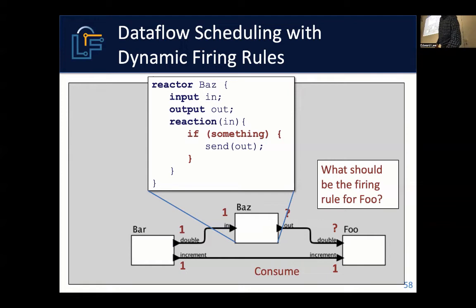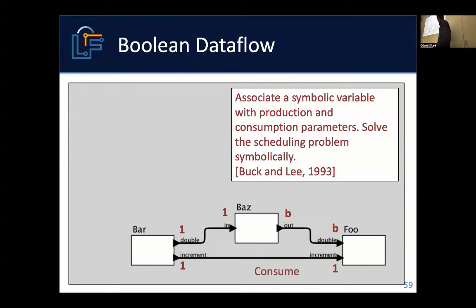So there's a generalization of synchronous data flow called Boolean Dataflow that associates a symbolic variable here, B, that can have value either 0 or 1. Right? And correspondingly, you have a firing rule here that uses the same B, okay? Meaning that if this guy produces a token, then this guy will require that token in order to fire.